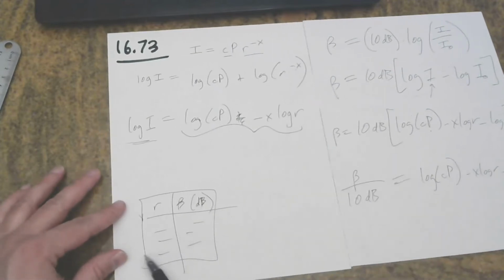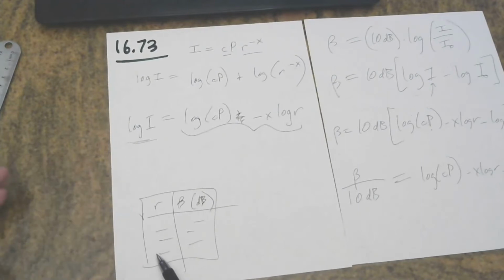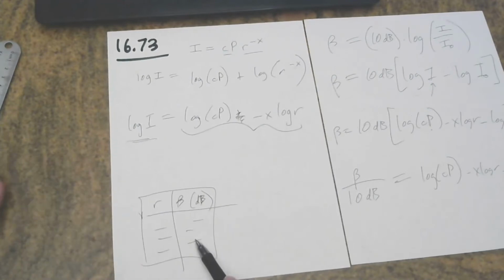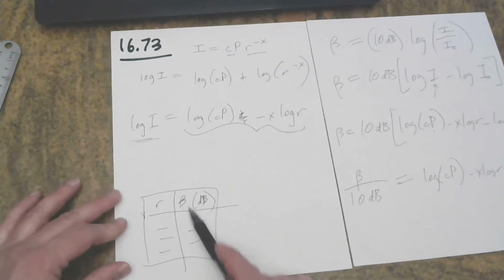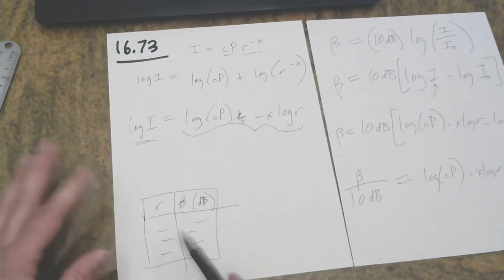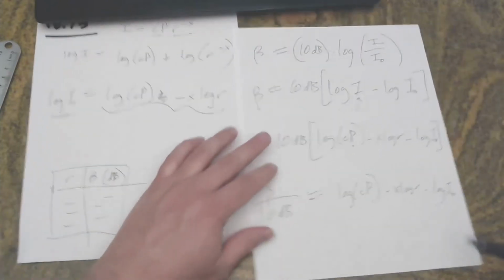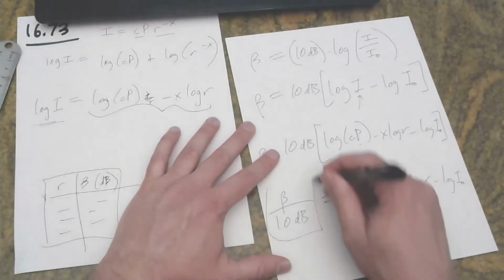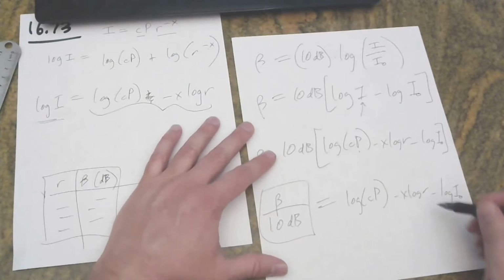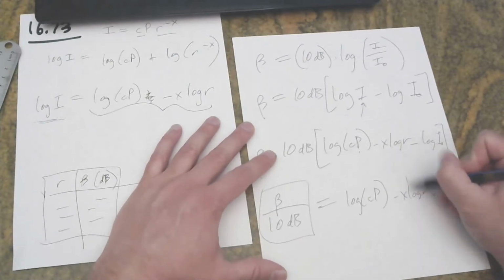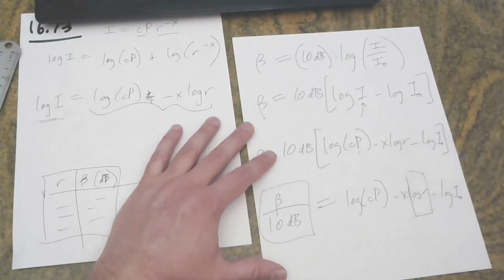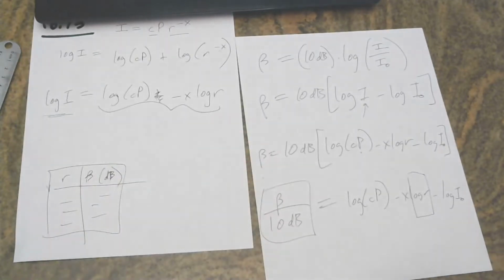Well, it seems natural to think of distance as the independent variable and the resulting sound level as the dependent variable. So we would like to plot beta versus R or something similar to that. And you can see what we've got here is beta over 10 decibels and the log of R. So perhaps we can plot this quantity versus this quantity.